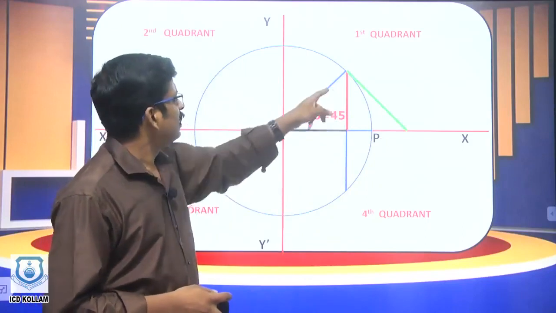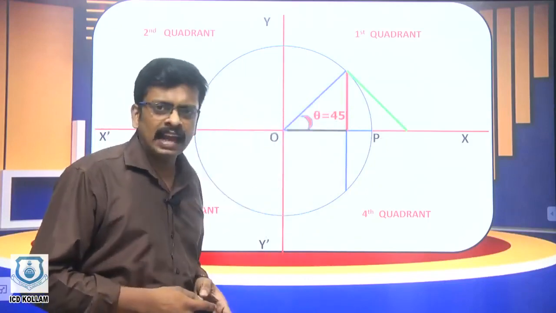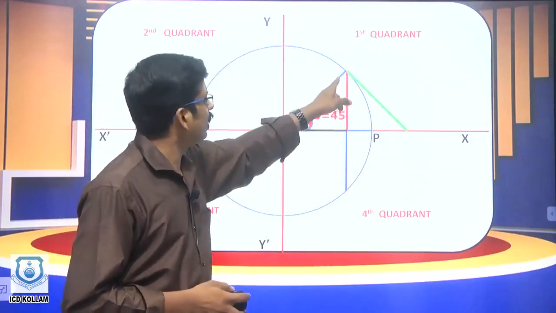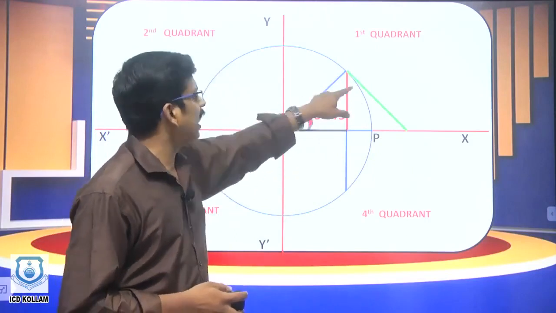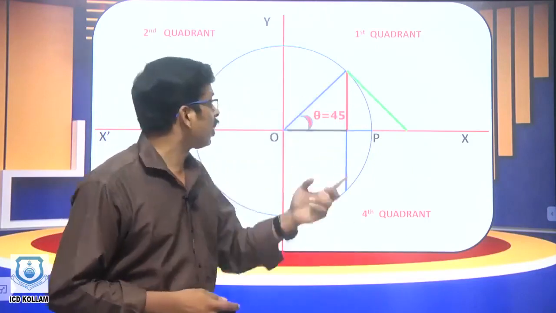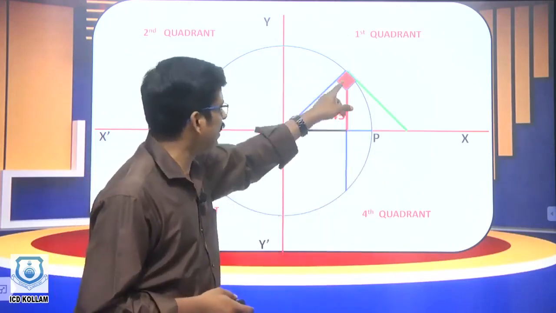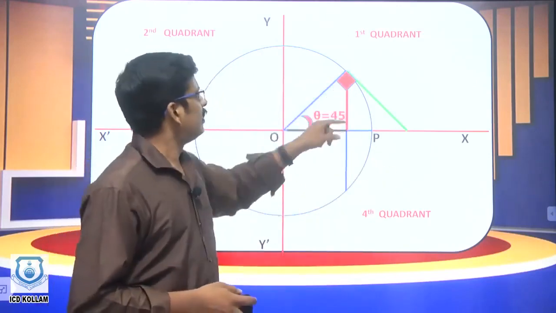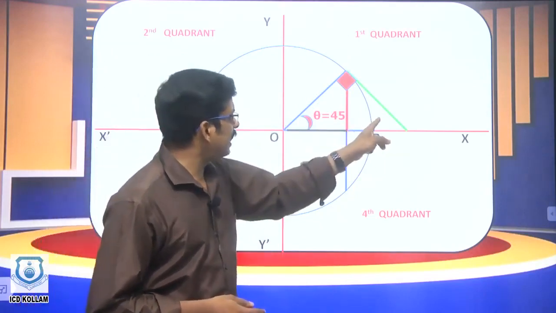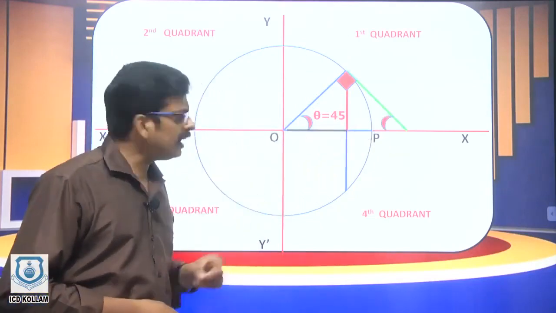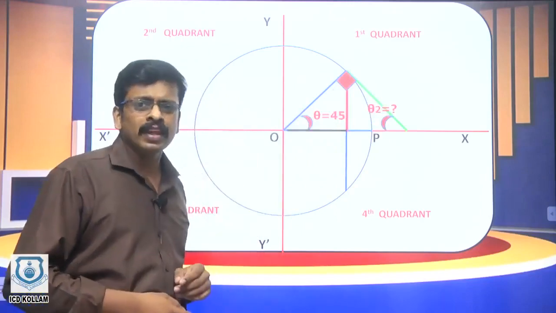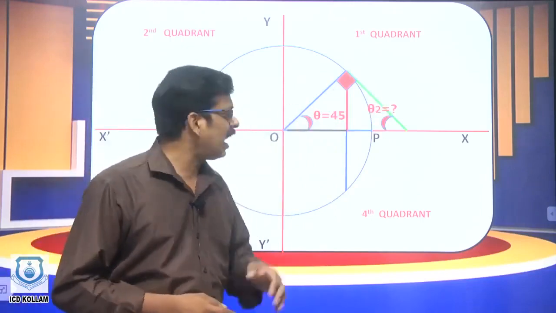But this angle we can calculate, or we even know, that the radius and tangent are perpendicular to each other. So it is exactly 90 degrees. So this is 90 degrees. Then how can we find this theta 2? Theta 2 we can denote as theta 2. So that theta 2 is actually unknown.